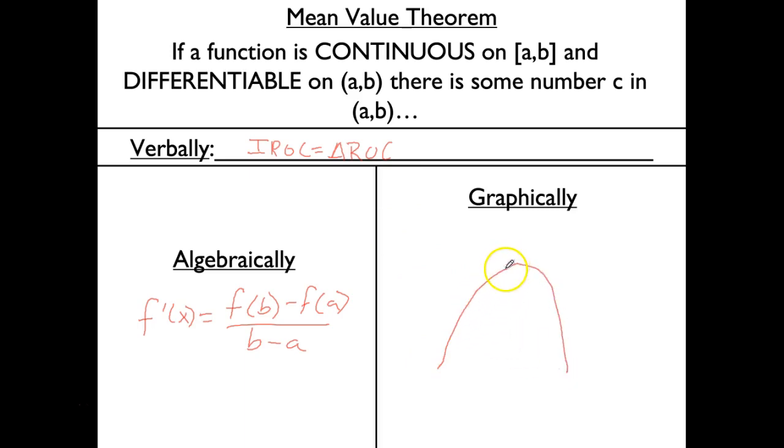That means that the slope of the tangent line will be parallel to some average rate of change or some secant line, right? And that is what that means. The instantaneous rate of change is equal to the average rate of change. Okay, so let's go on and talk about what IVT is.